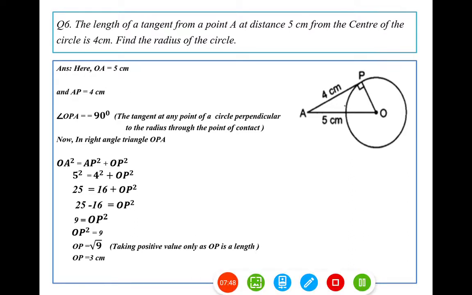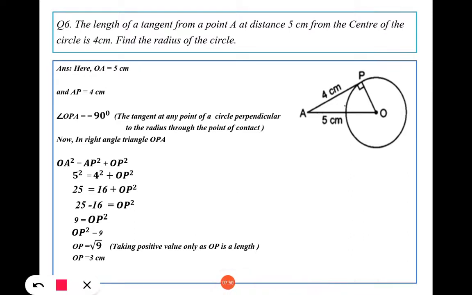In question number 6 we have the length of a tangent from a point A at distance 5 cm from the center of a circle is 4 cm. Find the radius of the circle. Here we have a tangent drawn from an external point A to the circle.